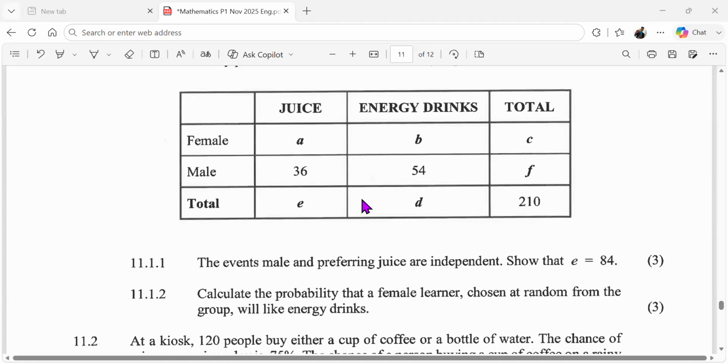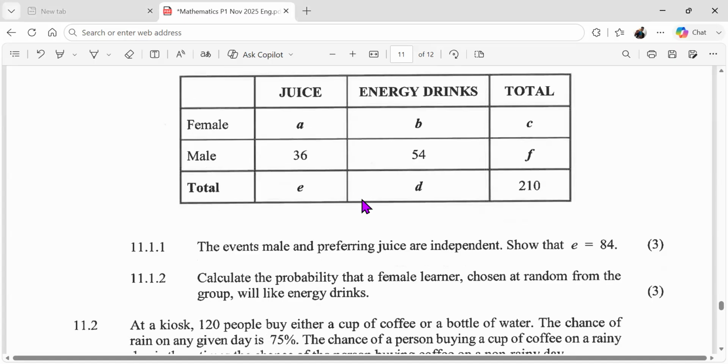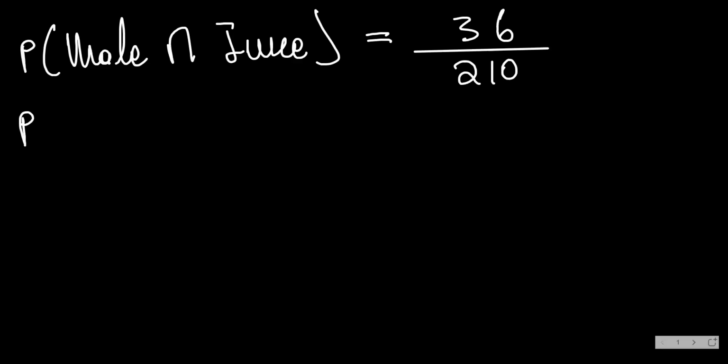Now we come to the probability of juice, because E is the total number of learners who prefer juice. So when we look at the probability of juice, how many learners prefer juice?